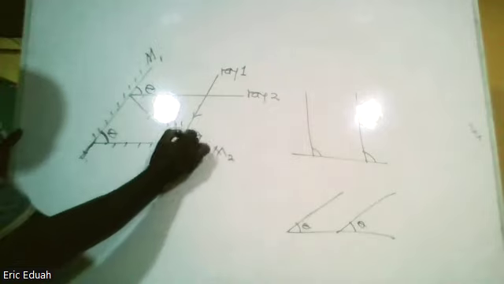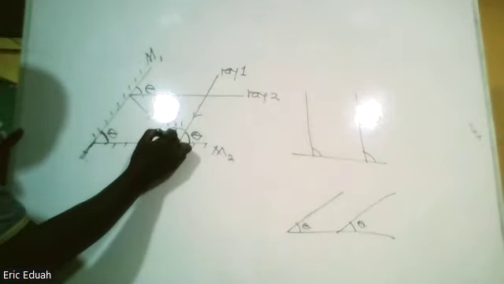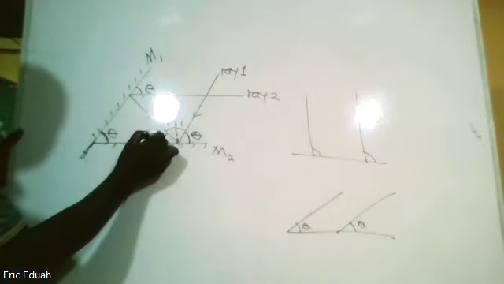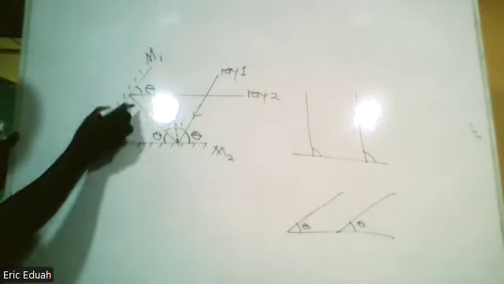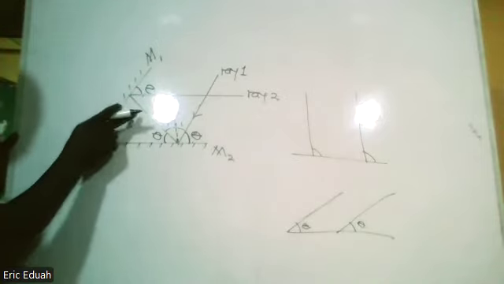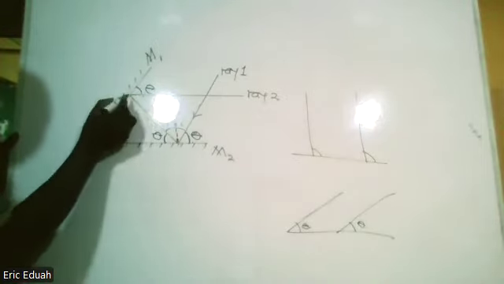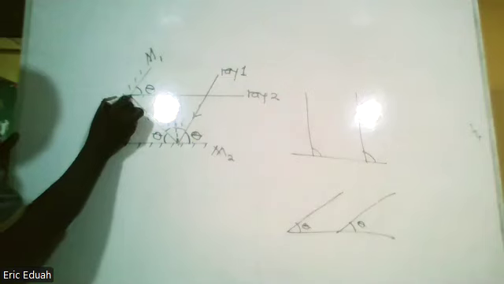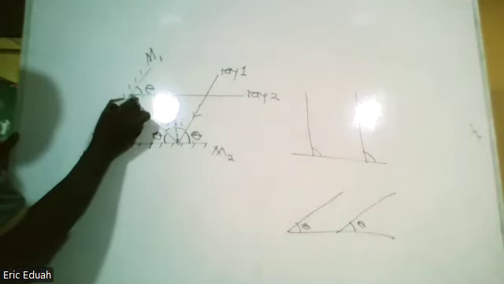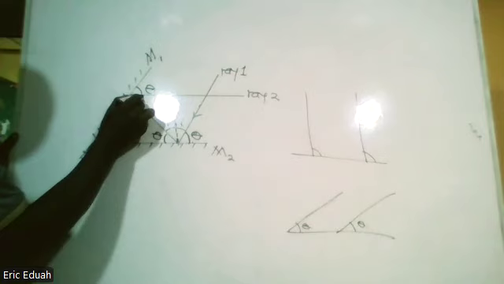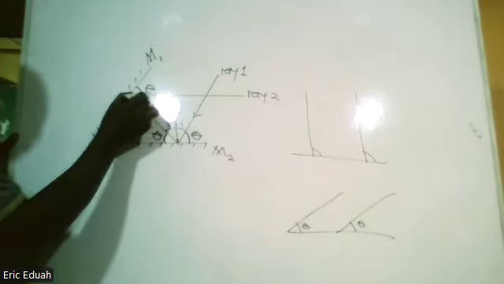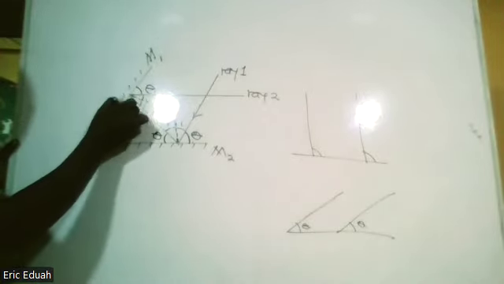By this, it means that this angle would also be equal to this angle. So theta. On the same principle, this is the incident ray, this is also the reflected ray. So when I draw a normal, I have angle of incidence i, which is equal to angle of reflection. So by that principle, theta here will also be equal to theta here.